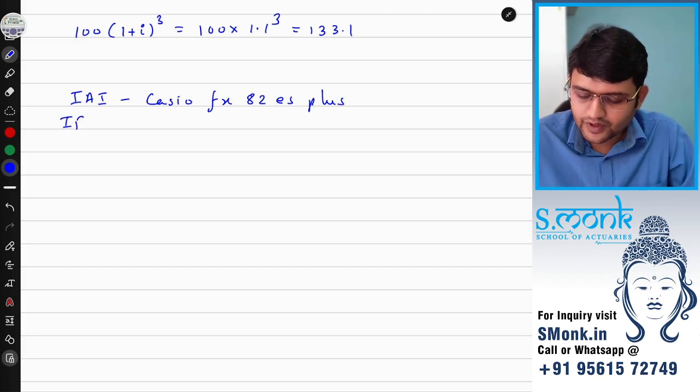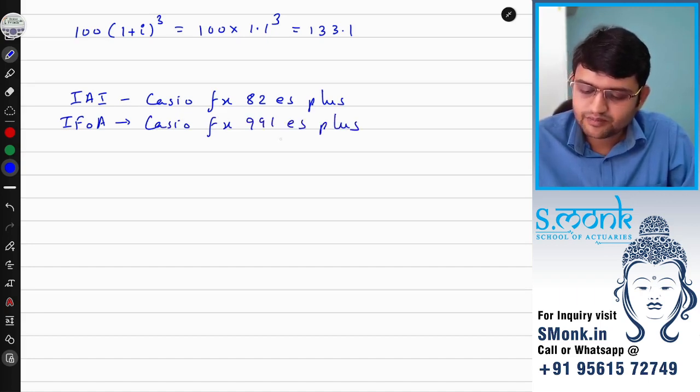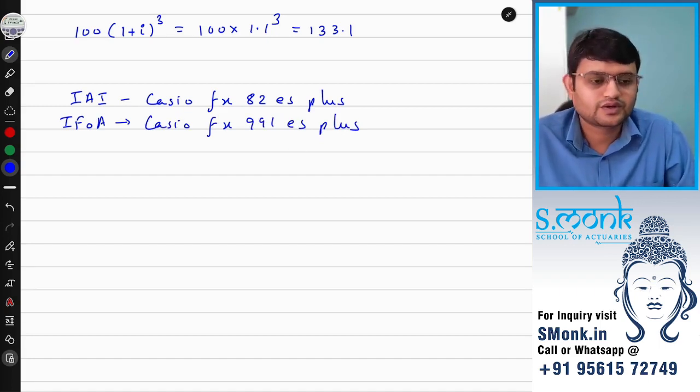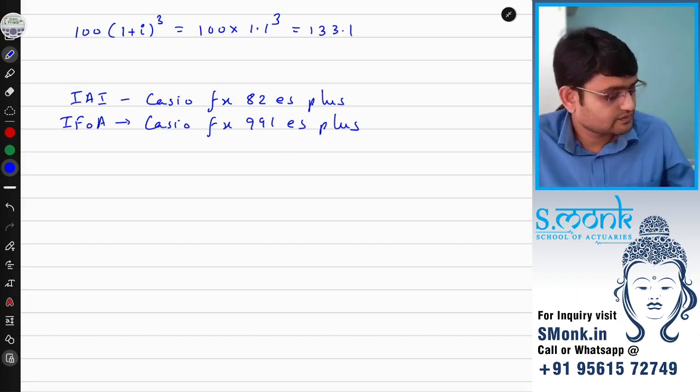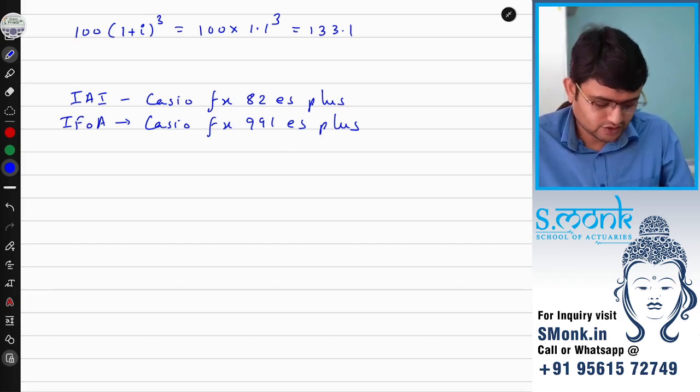For IFoA, Casio FX 991 ES Plus. Make sure both of them are ES, and buy the calculator as soon as possible, because the practice matters a lot. Okay.